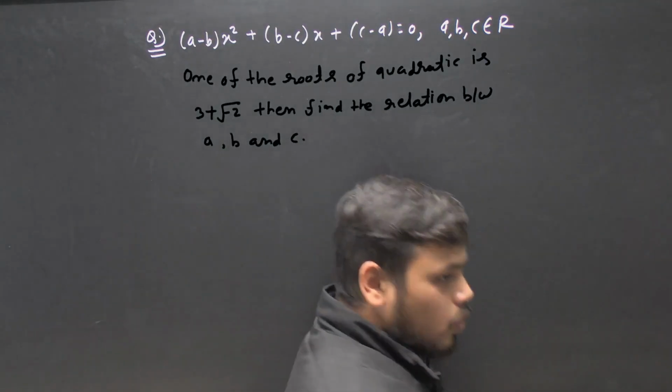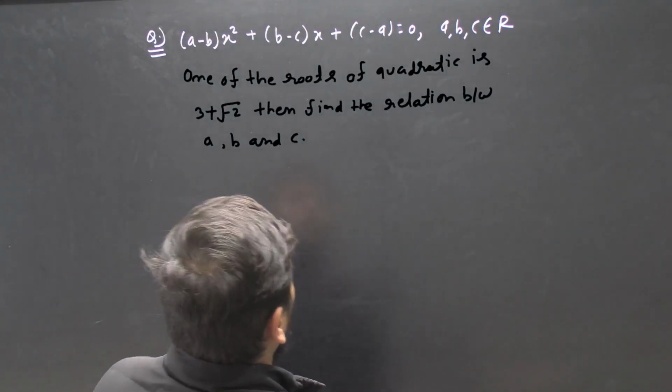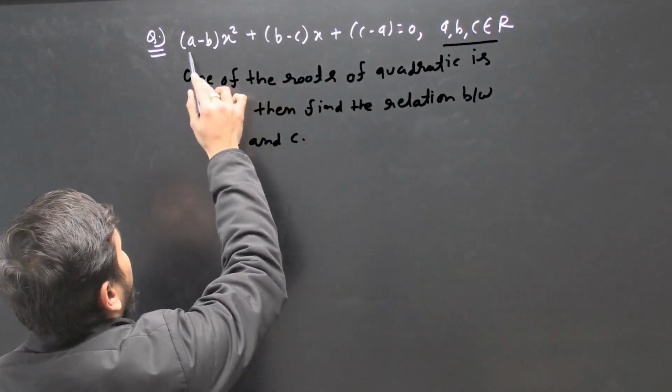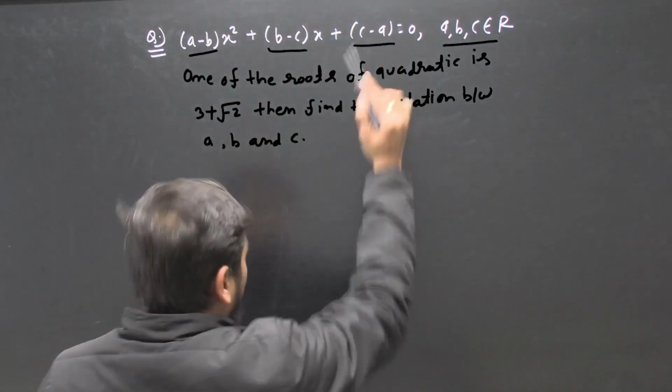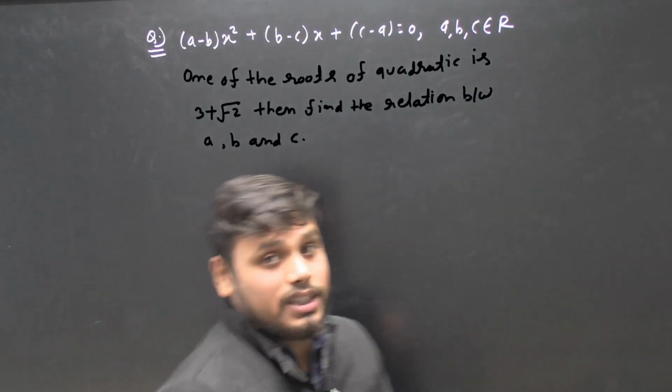Okay, so how can we approach this problem? See, first of all, if a, b, c belong to R, it means all the coefficients a − b, b − c, c − a are real numbers.